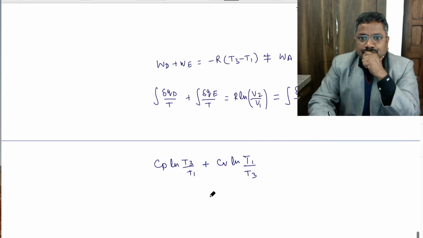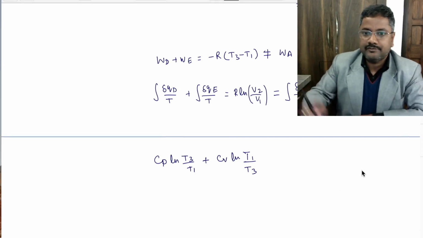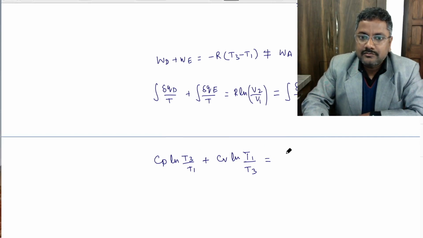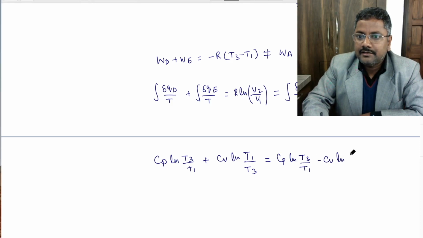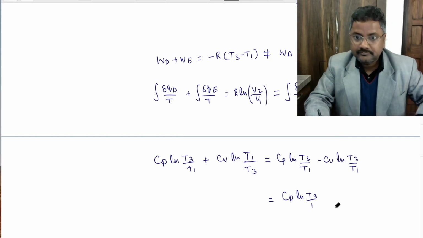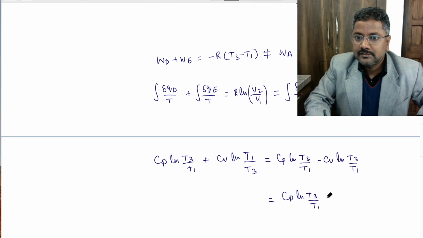See, this we can write is equal to Cp ln T3 by T1 minus Cv ln T3 by T1.